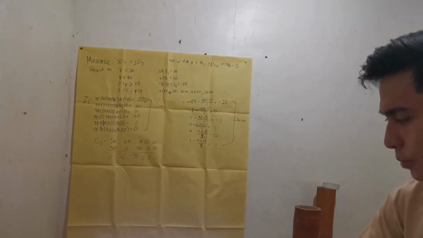It's been input already, right? So back to step 3. The most positive value, which is 20, is our pivot column. And the pivot row is the non-negative and non-zero value, which is the S sub 2.